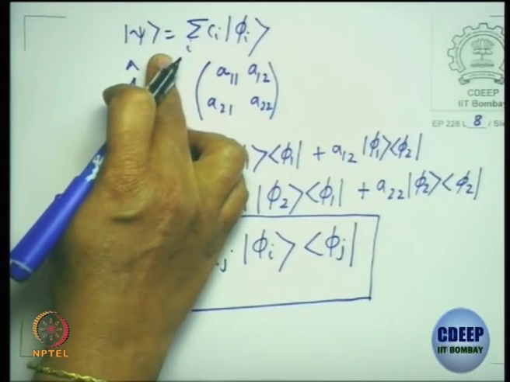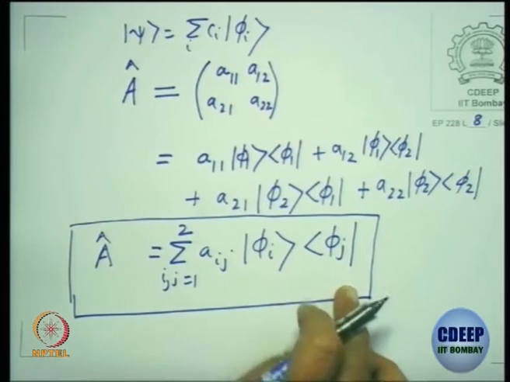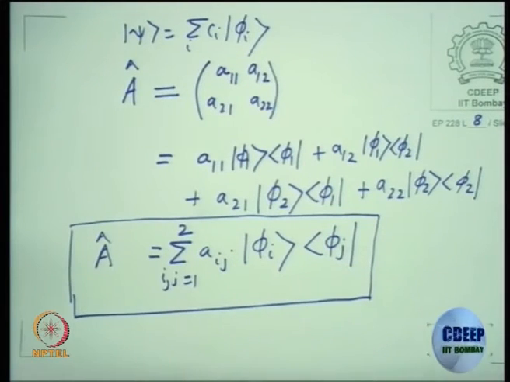So, an operator in quantum mechanics can be defined just like phi i are the basis for the states. The outer product will be the basis for the operators. How many will be there in an n-dimensional vector space? N squared basis.